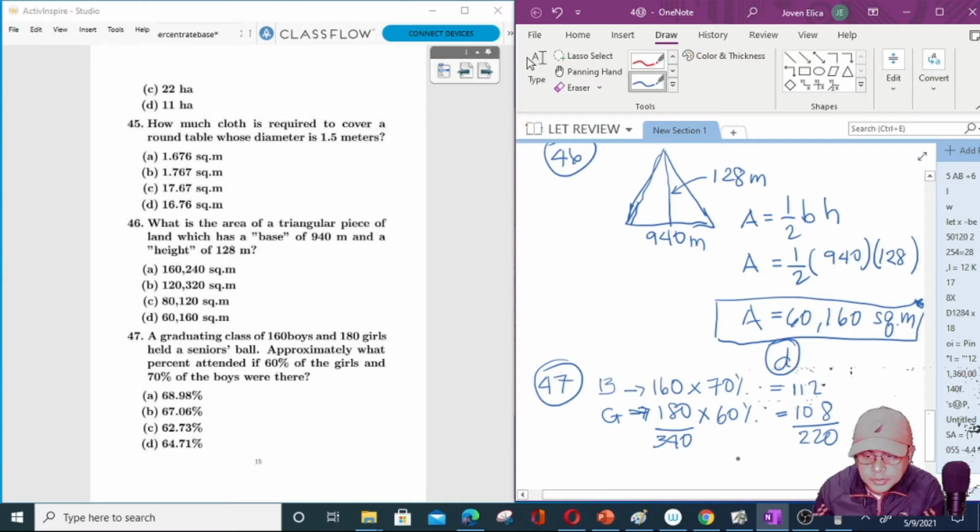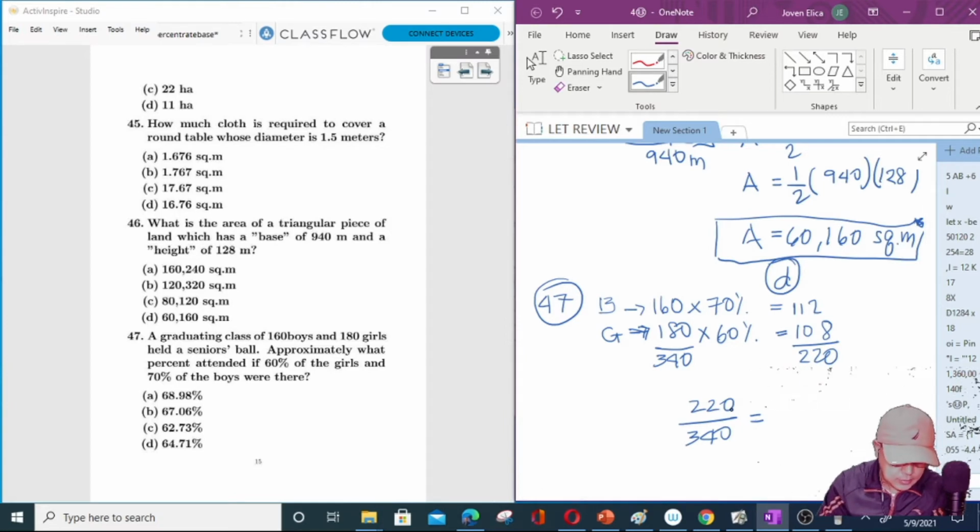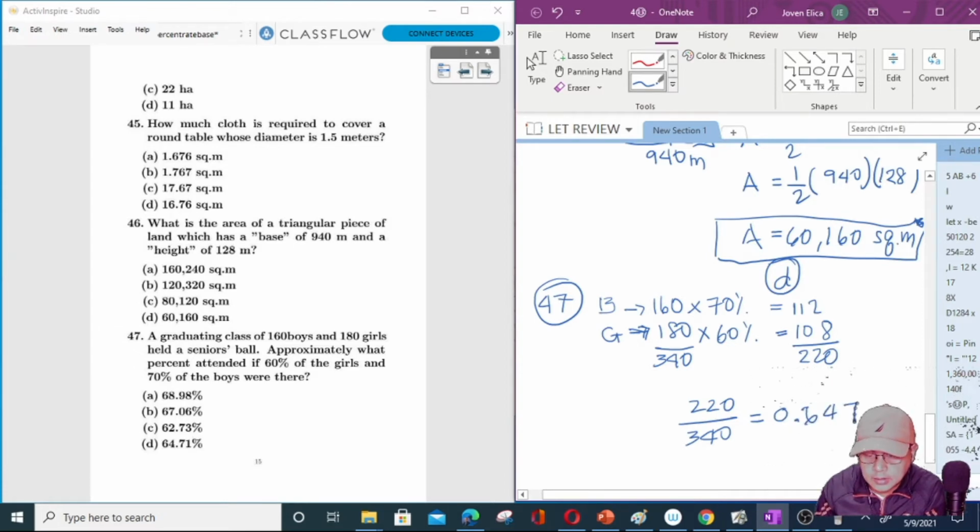So therefore, the percentage we are getting now is 220 divided by 340. This is 0.647, or this is 64.7%.